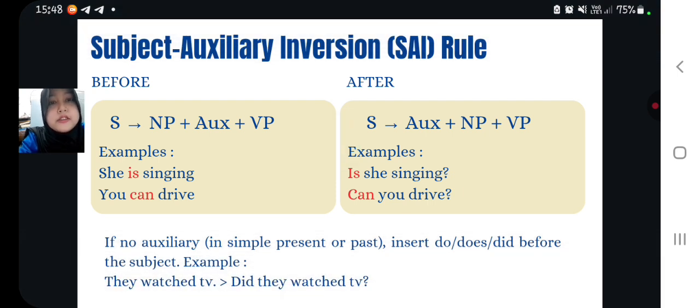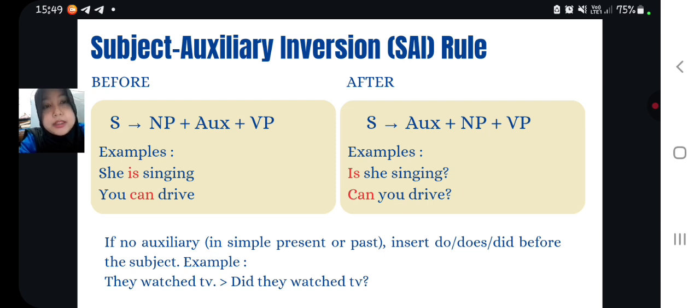If there is no auxiliary in the simple present or past, insert do, does, or did before the subject. For example, they watch TV. There is no auxiliary, so we add do, does, or did.